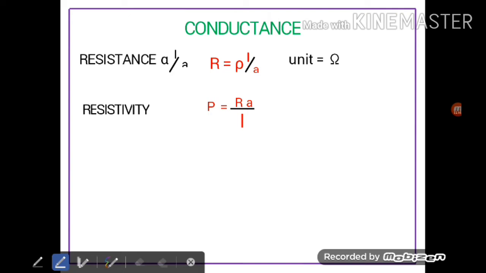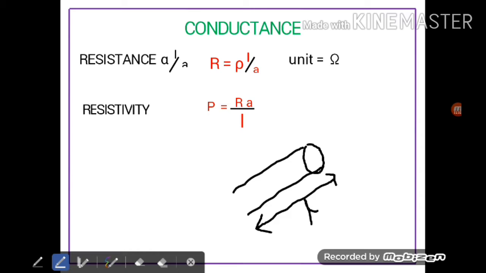Suppose this is a conductor. Here you can see this is the length of this conductor, L, and this is the area of cross section. Why am I saying resistance is inversely proportional to the area of cross section?